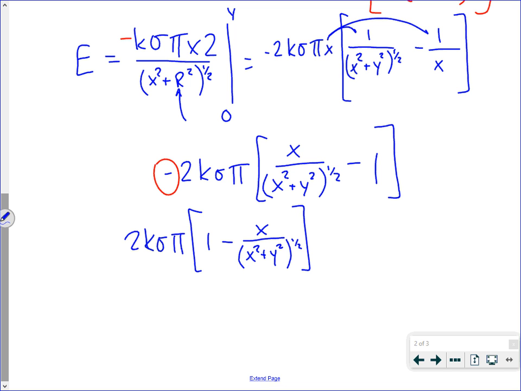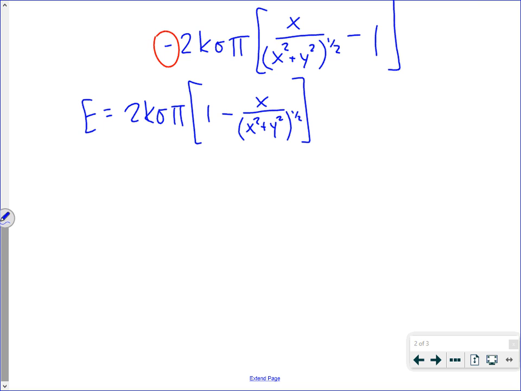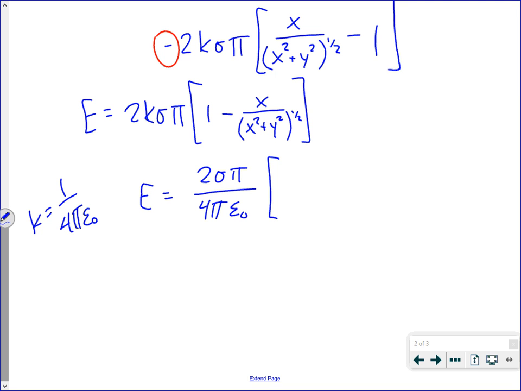Okay, I mean, you can be done. This is E. Lots of times we'll express k as 1 over 4 pi epsilon naught. That gives us 2 sigma pi over 4 pi epsilon naught times all this stuff, 1 minus x over x squared plus y squared to the 1/2.